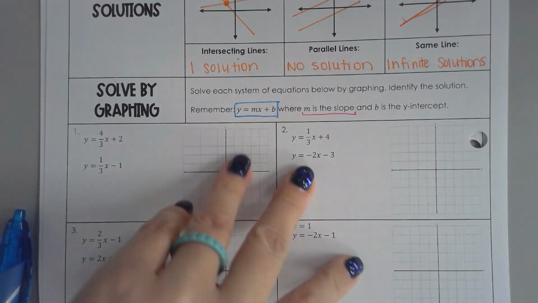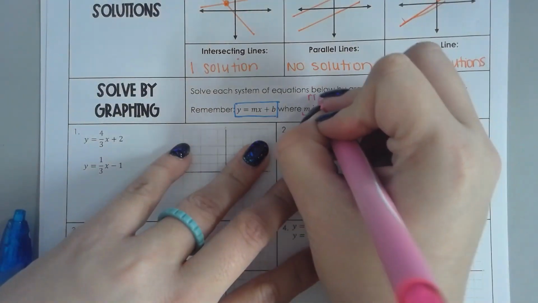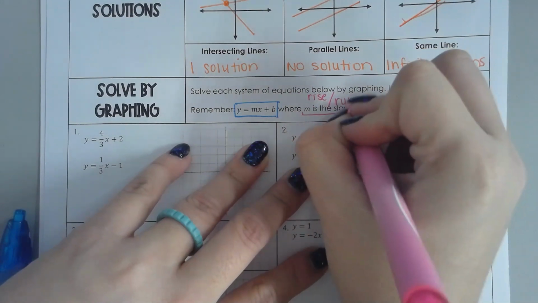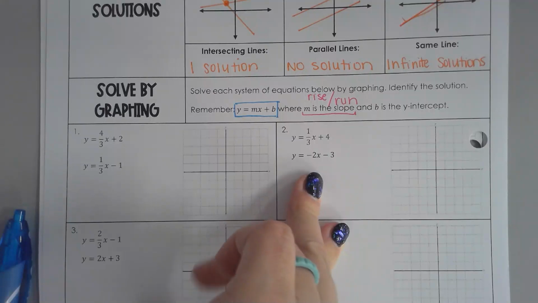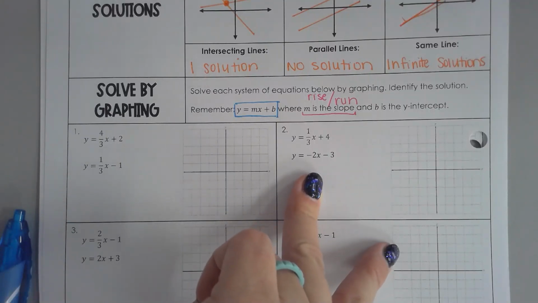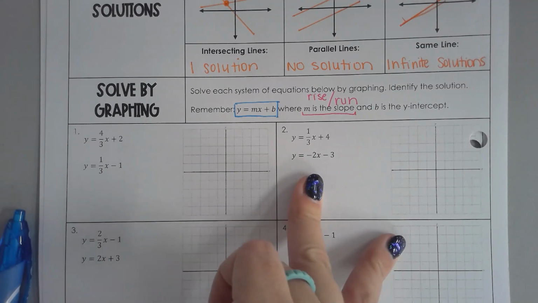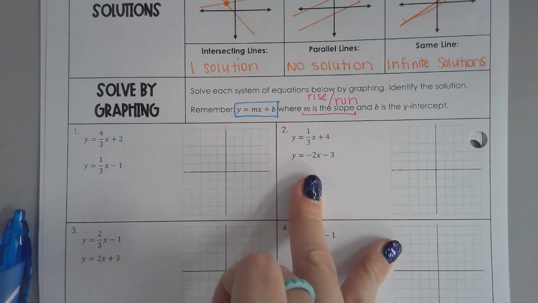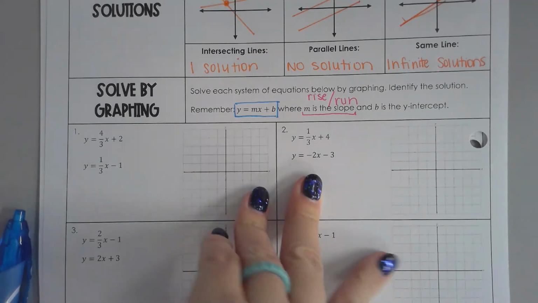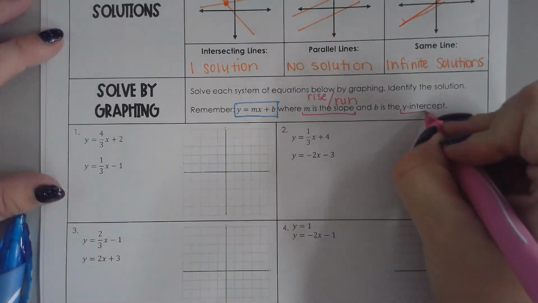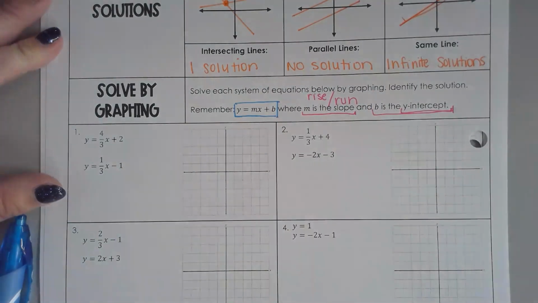And slope is rise over run. So the number on top, your rise, goes up or down, depending on if it's positive or negative. Run goes right for positive, left for negative. And then the y-intercept is your b. B is your y-intercept.